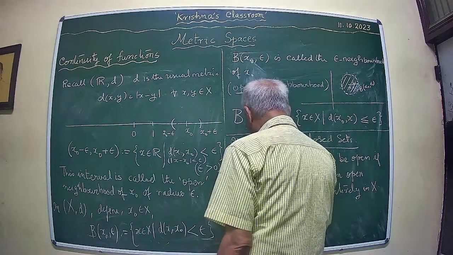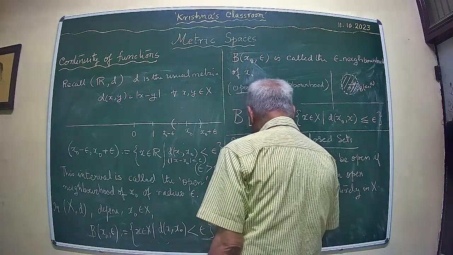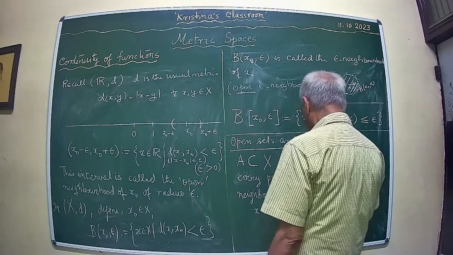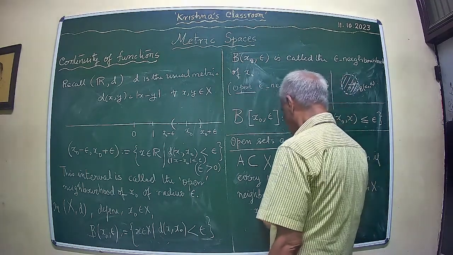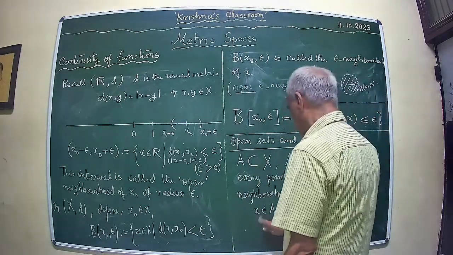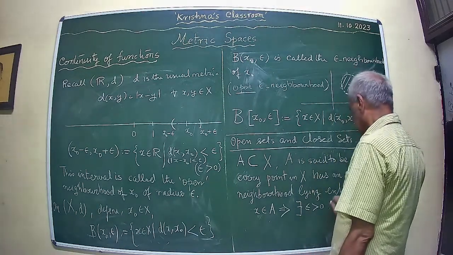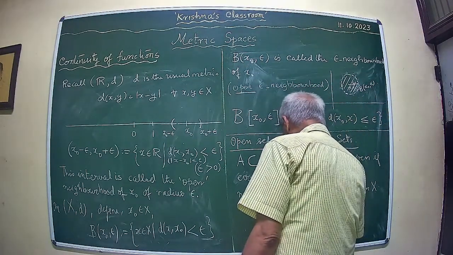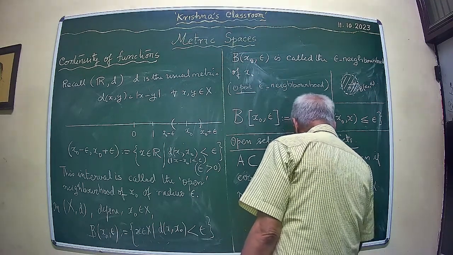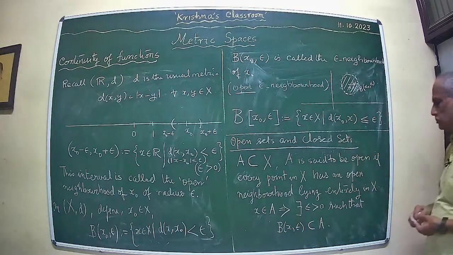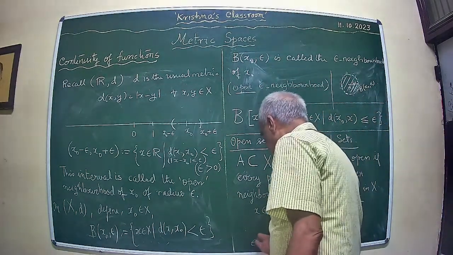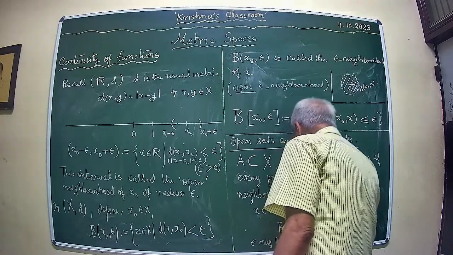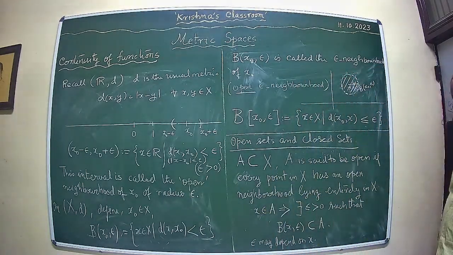That is, x belonging to A implies there exists an epsilon positive such that B(x, epsilon) is contained in A. Now this epsilon may depend, strictly speaking, on the position of x, how close it is to the so-called boundary.